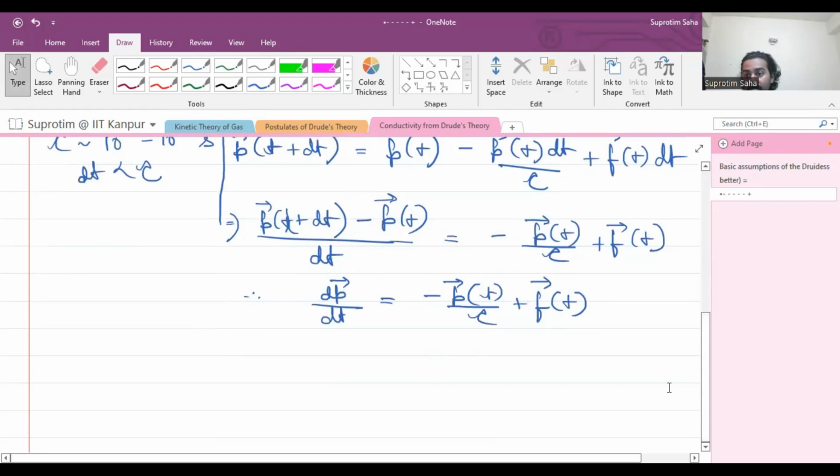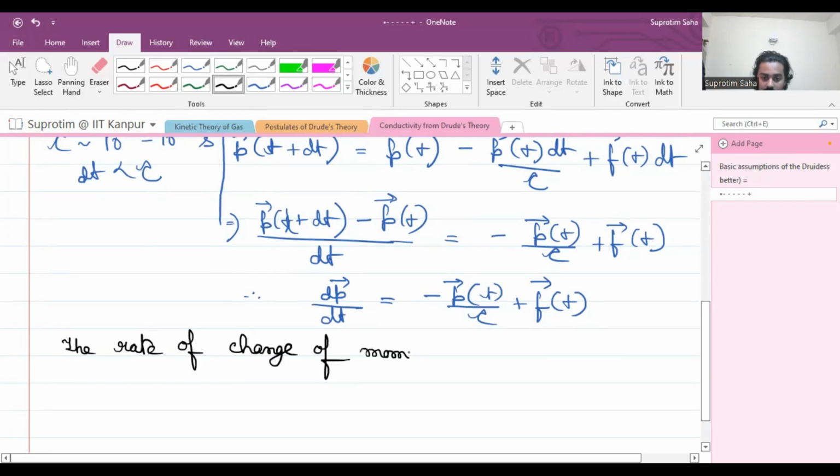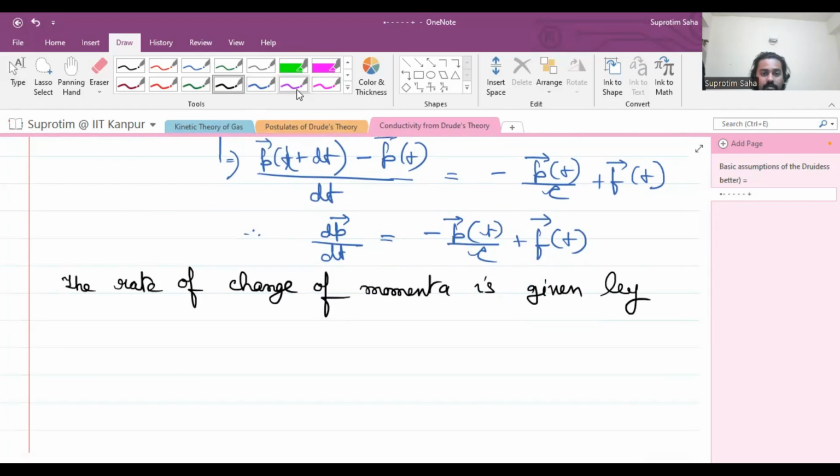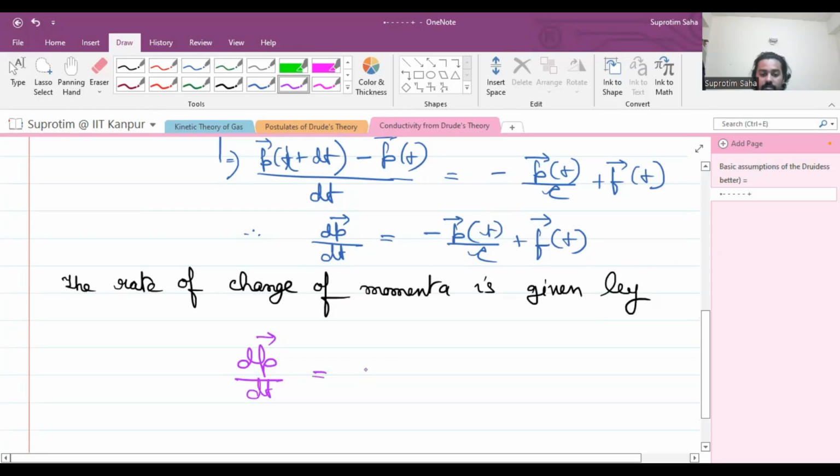We have come up with the celebrated Drude model, or Drude's equation, where the rate of change of momentum is given by dP/dt equals minus P over tau plus F of t.